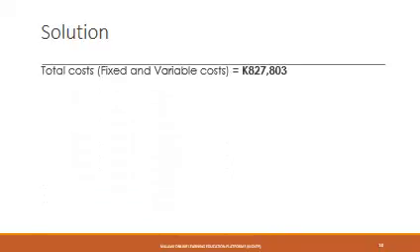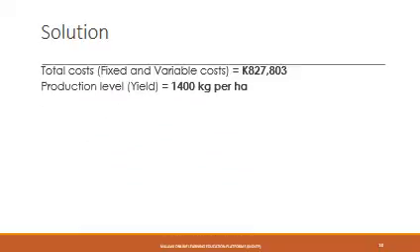They have indicated total cost, but for us it means they have included the fixed and the variable cost. Here we have been given the total cost of 827,803, and we also have production level, which is the same as yield, of 1,400 kgs per hectare.